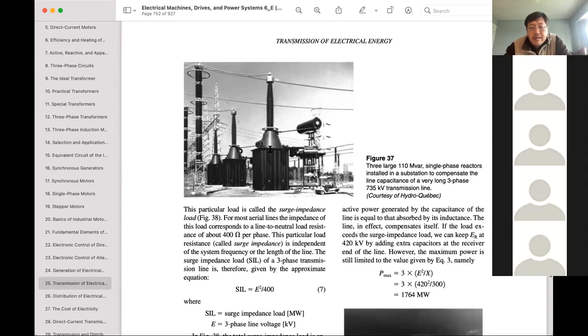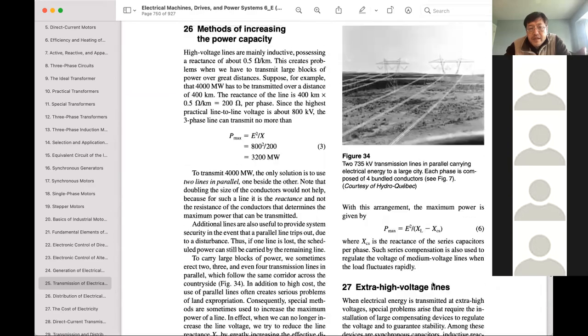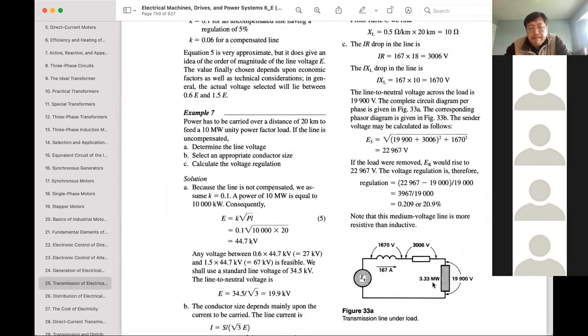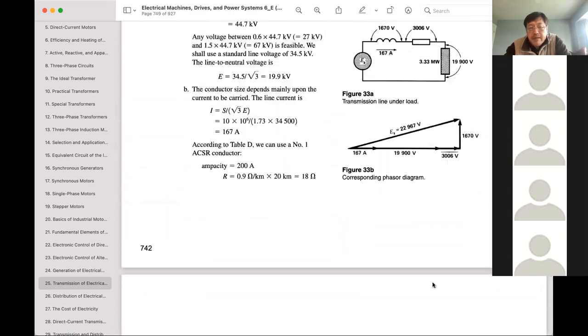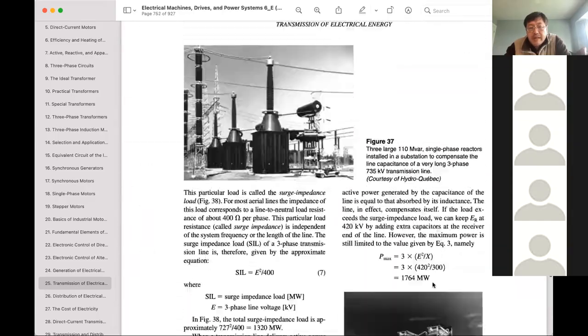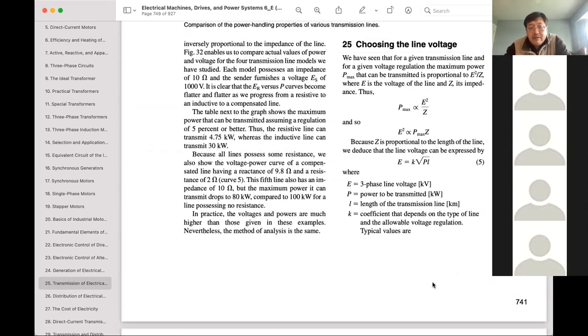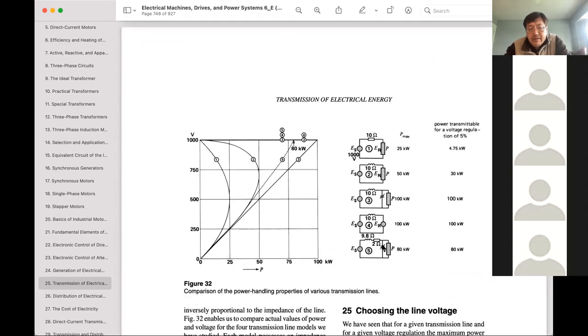So you need an inductor, you need a capacitor. It all depends on the customer. So it's not easy. You have to keep monitoring in real time and make the right decision to attach a reactive device on the customer side. So the power delivery will be safe and potentially you can have the maximum amount of power delivered.